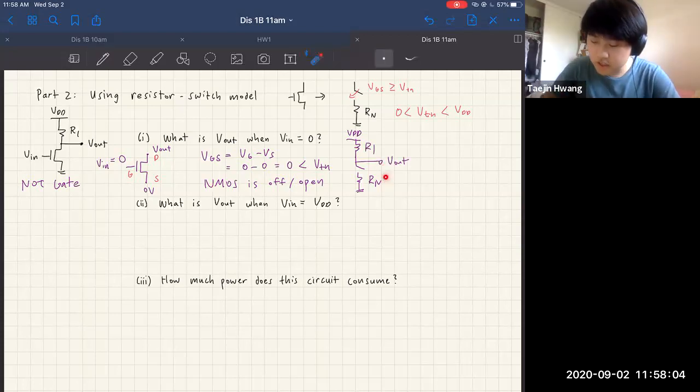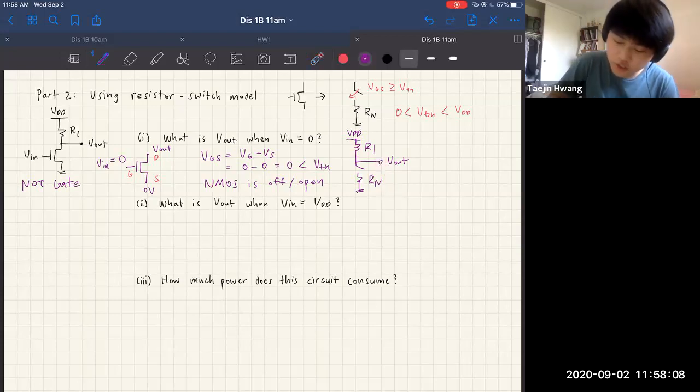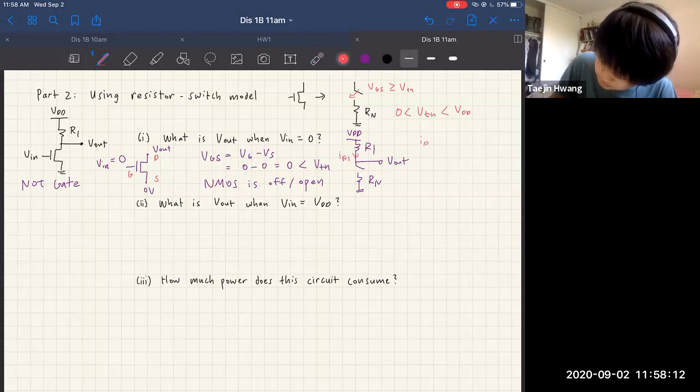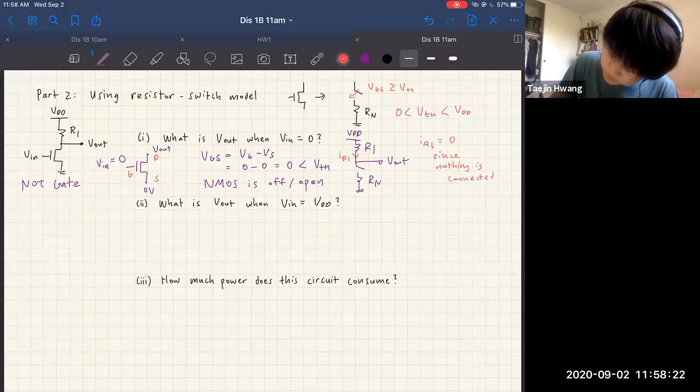Since nothing is connected to V out, no current flows from VDD to V out. And this tells us that there's directly a path from VDD to V out. So V out is equal to VDD.